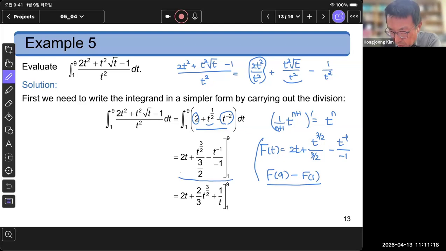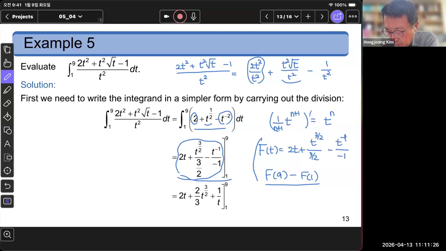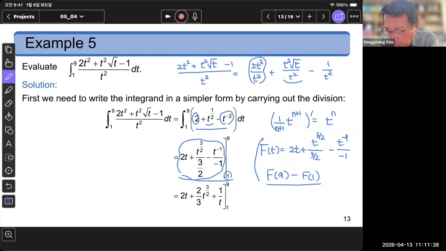So the expression here, and then we have a vertical line, and the vertical line has a lower limit and an upper limit. Then this symbol just represents this.